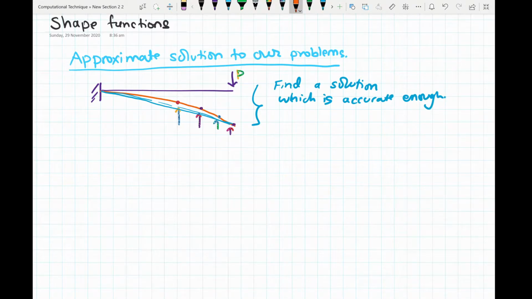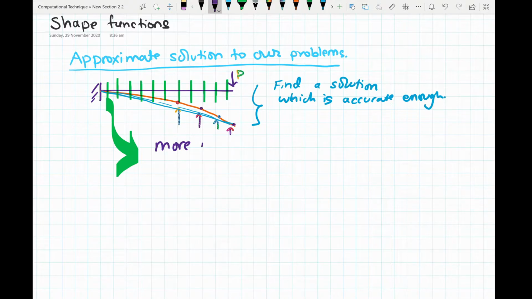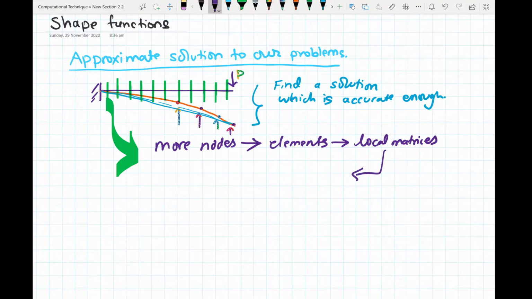If we want to obtain the exact solution on this one, then you'll require a lot of nodes or elements. Now what this does is you'll have more nodes. Now this results in having more elements. Then you'll have more local matrices, and while assembling them you'll have a very big global stiffness matrix.